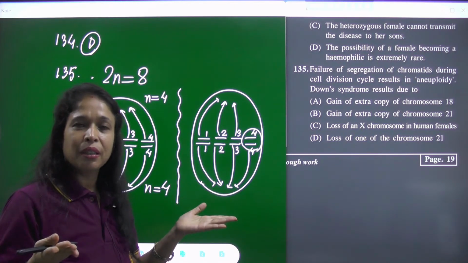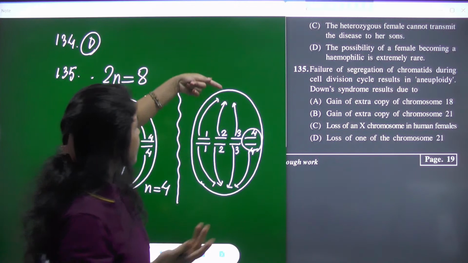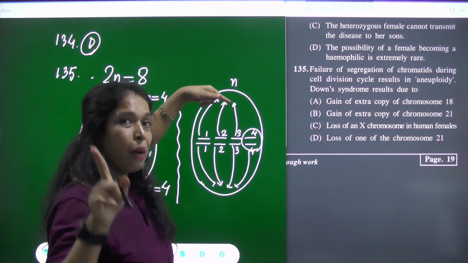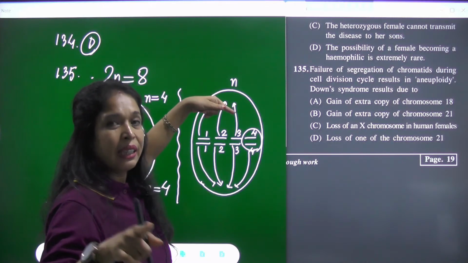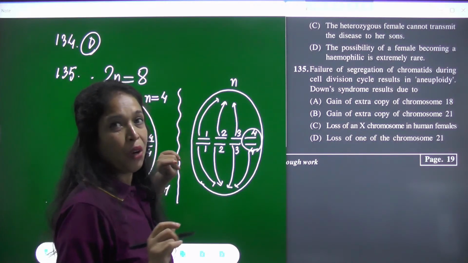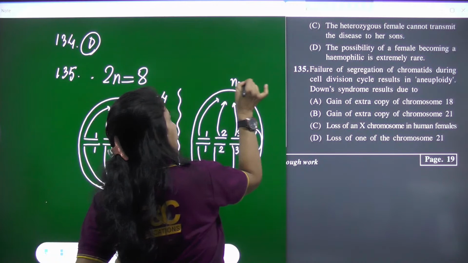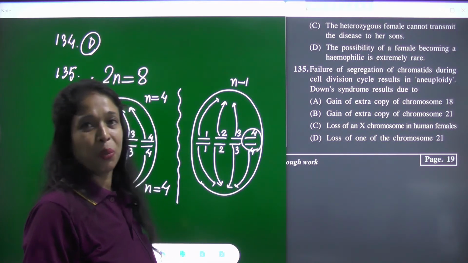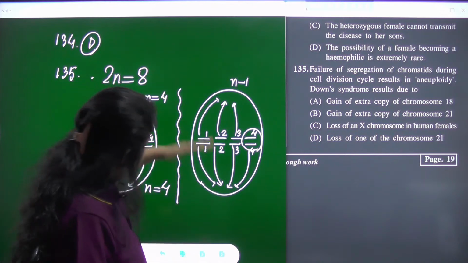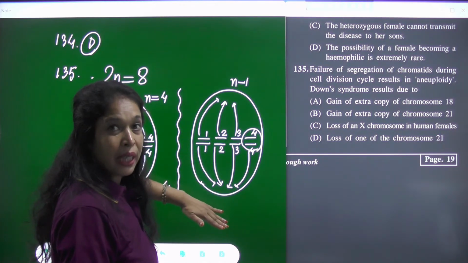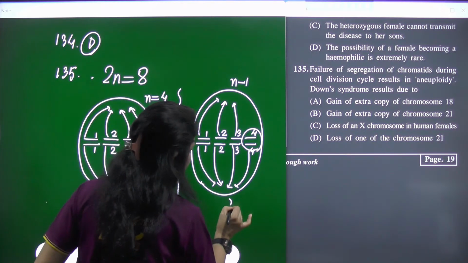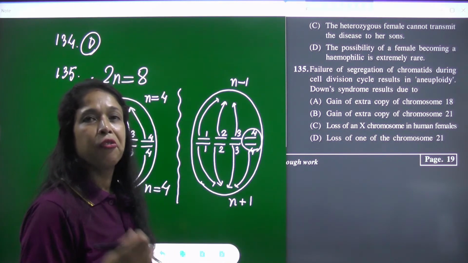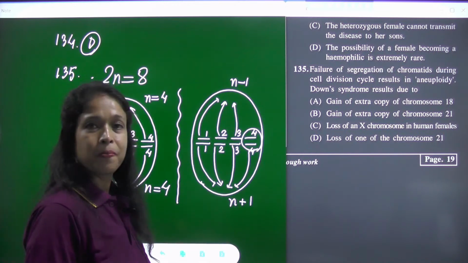So what will happen? The gamete formed on this side will have one chromosome less, that is 3 chromosomes instead of 4. It should have n, but what it will have? N minus 1, one chromosome less. The gamete formed on the other side will have one chromosome more as compared to normal, 5 chromosomes instead of 4.